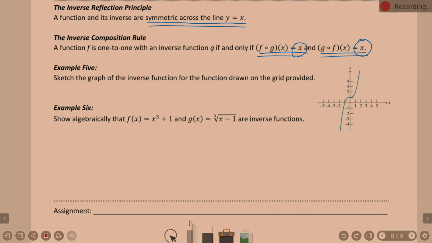Now, what does the line y equals x look like? Y equals x is that diagonal line that has a slope of 1 and a y-intercept of 0. So it's the line here that goes through 1, 1 and 2, 2. I don't know if I can get this at this angle, but it is that perfect diagonal line. I was just going to draw it in here a little bit.